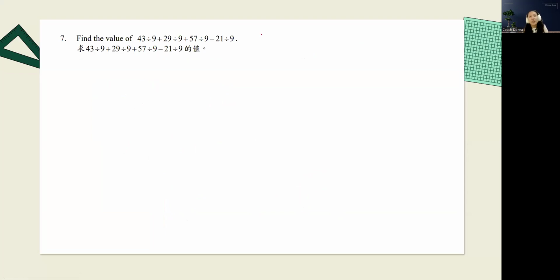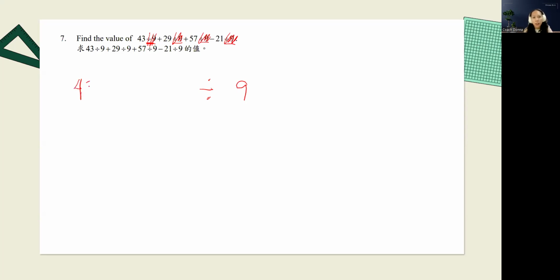So for number 7, we're asked to find the value of this expression right here. And to do that, we can actually have a shortcut. We can see that it's being divided by 9 all throughout. So we can take divided by 9 out, okay? Take that out, and then copy everything else that remains, including the symbols or the operations.